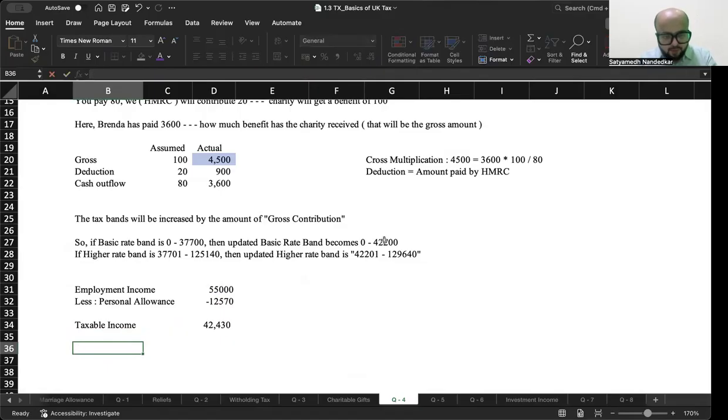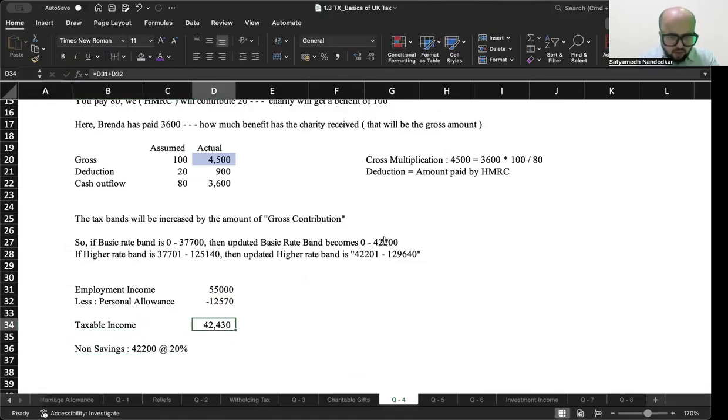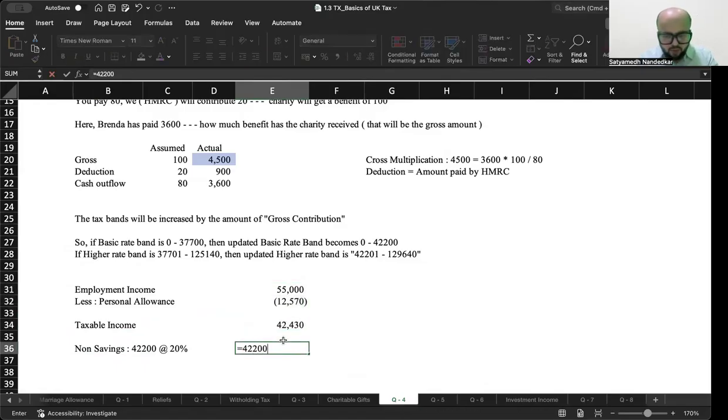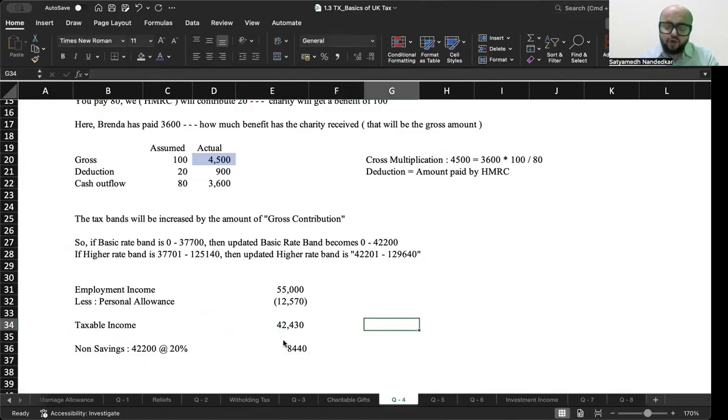Okay, so non-savings 42,200 at the rate of 20%. 42,200 into 20%. Basic rate band. 42,430 is total taxable income.